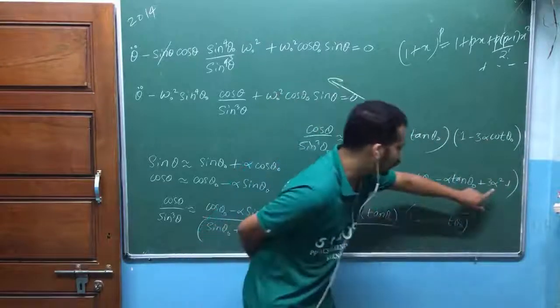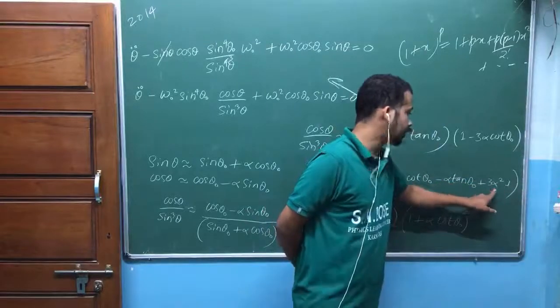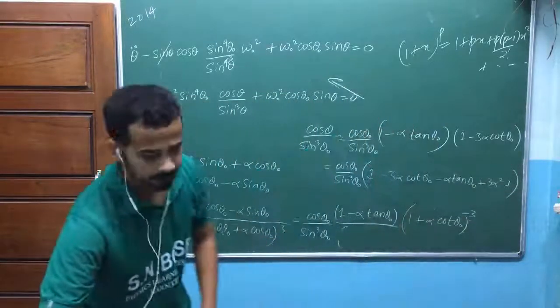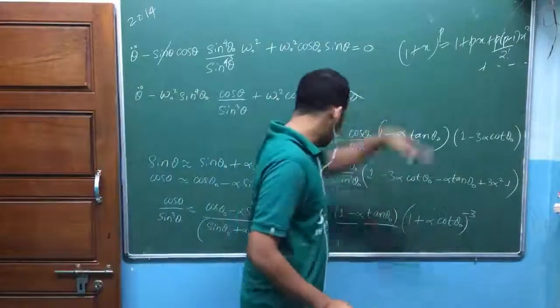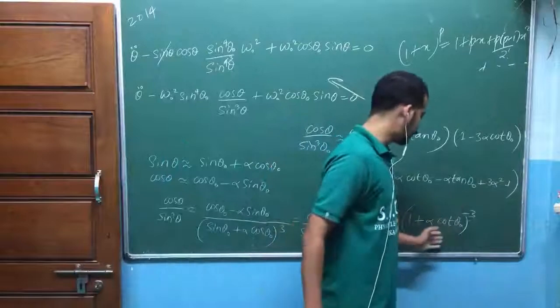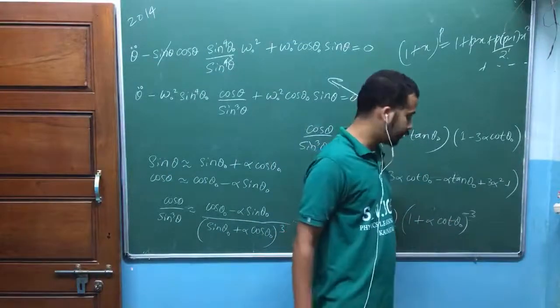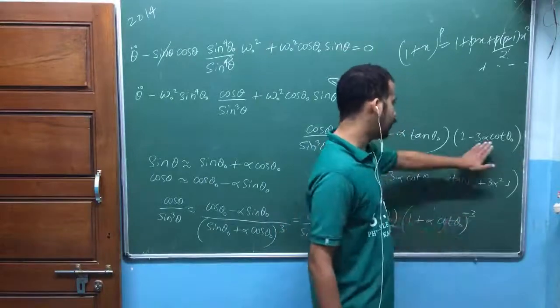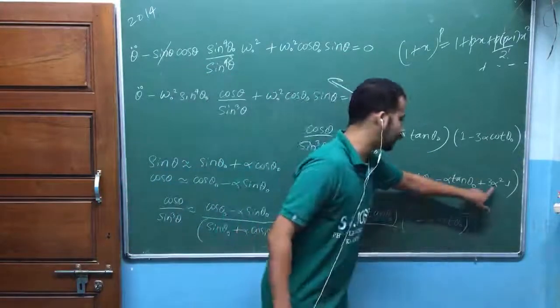But I'll assume this is nearly equal to 0 because alpha itself is very small, so alpha square is negligible. We just keep only first order in alpha. Actually many powers of alpha would play a role if you take the full binomial expansion, but we go only up to the first power in alpha. That's why I assume this is nearly equal to 0.